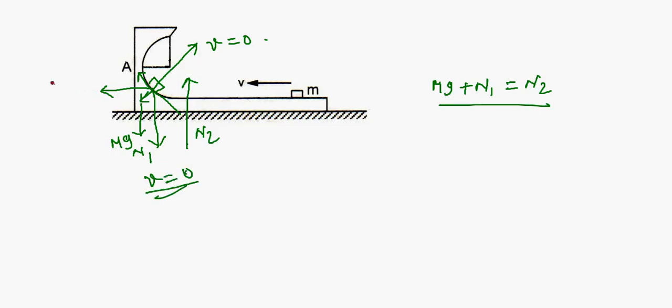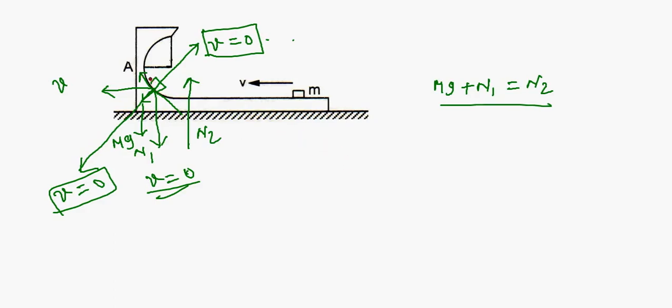It gains only a velocity in the horizontal direction, this way. So the velocity in this direction, that is along the common normal, is 0. We can see the velocities along the common normal are 0, that is, are the same. So the blocks are in contact.